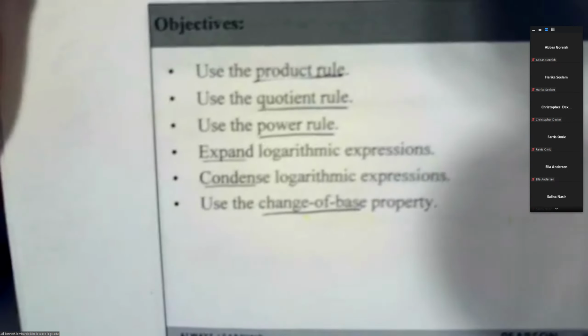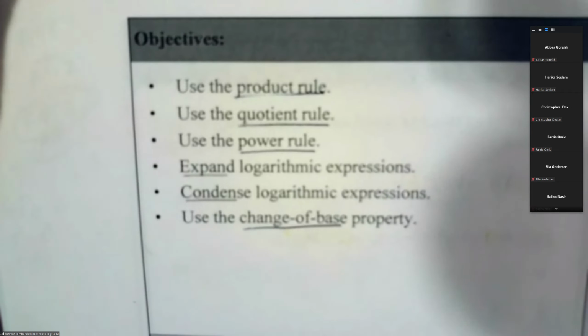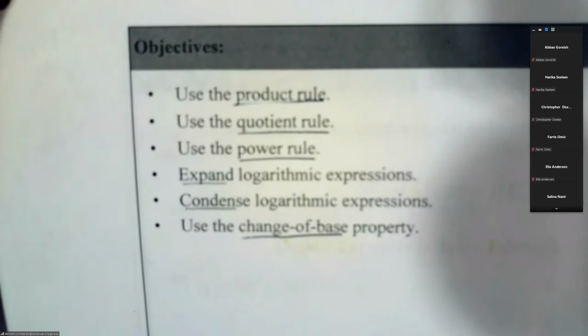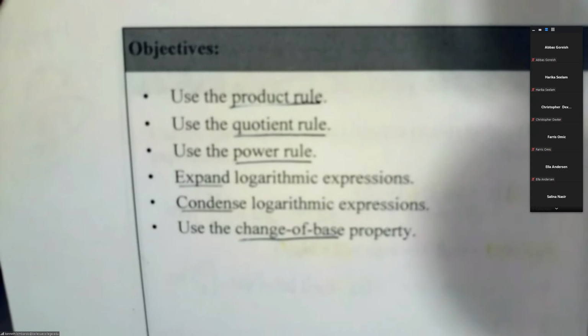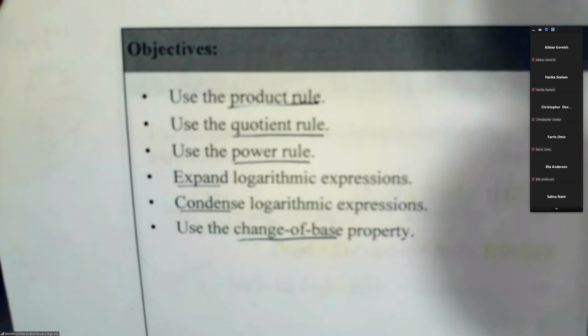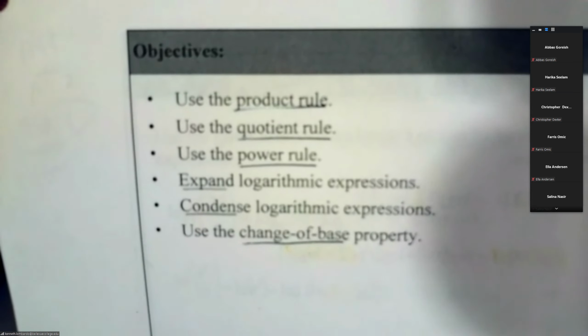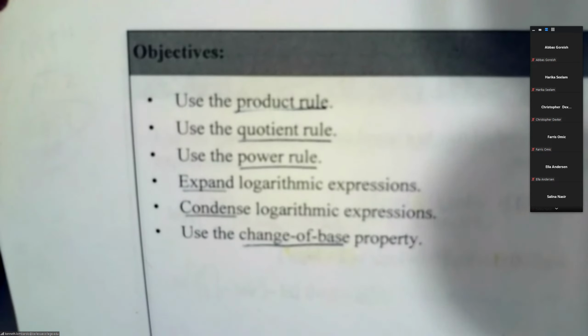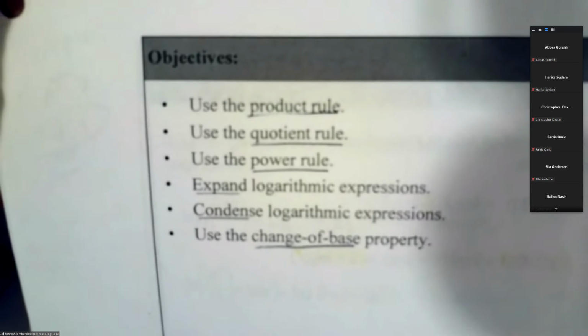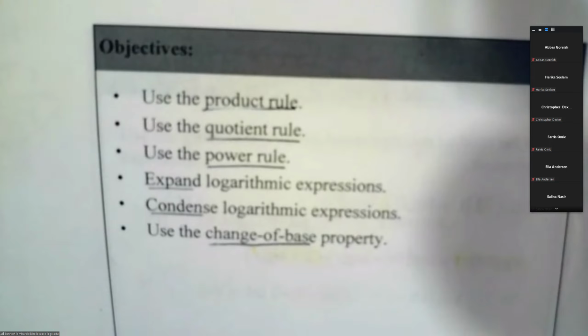And then the objectives are using various rules for logarithms: product rule, quotient, power. Those are the rules. We're going to make sure we understand what they are and how we use them. And then we'll expand some logarithmic expressions and condense some. And then we'll use the change of base property. Okay, so that's the plan.